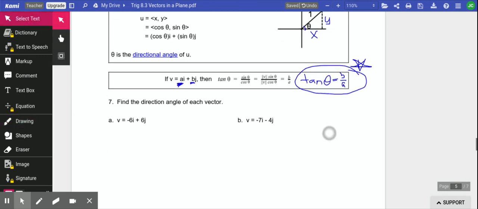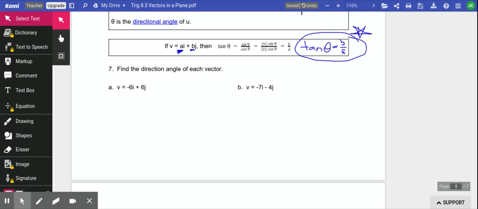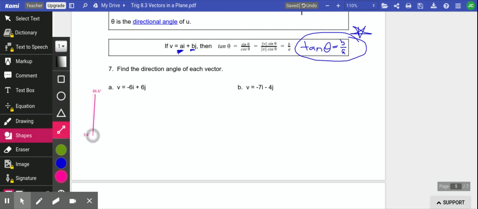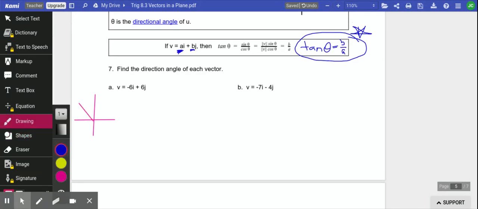All right, so let's find some directional angles of these vectors. So the first one we have is negative 6i plus 6j. Let me draw that. Draw coordinate plane. So we're going left 6 and up 6, looks like that. What we are trying to find is this directional angle, theta.